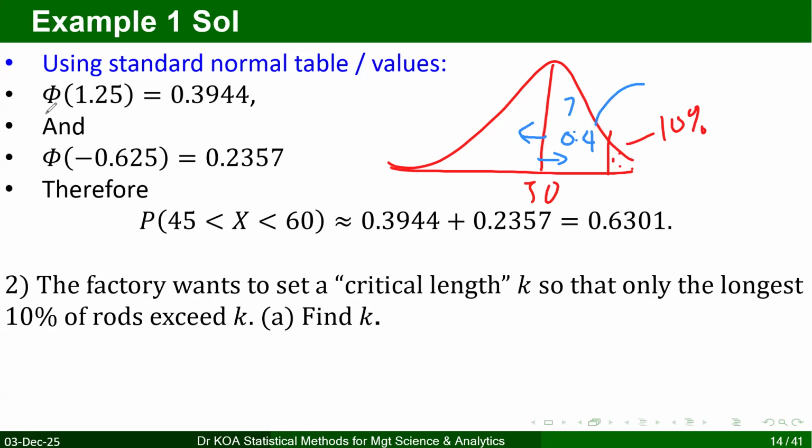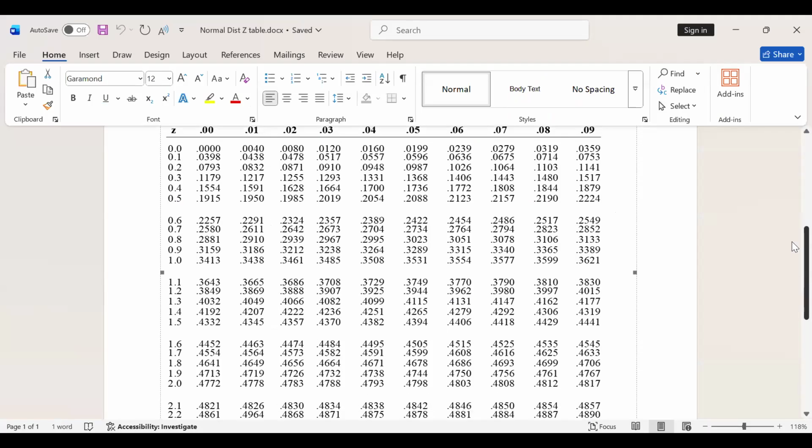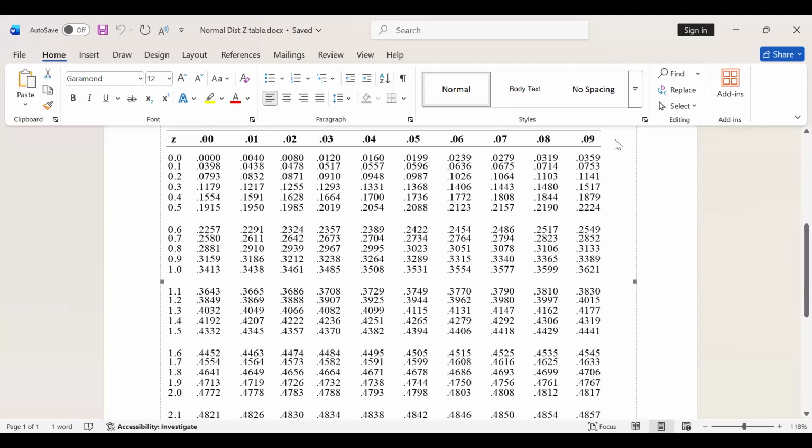So you go to your Z table and search for the number closest to 0.4. Then you find the corresponding Z value on the far left and on the top. Which number is closest to 0.4?